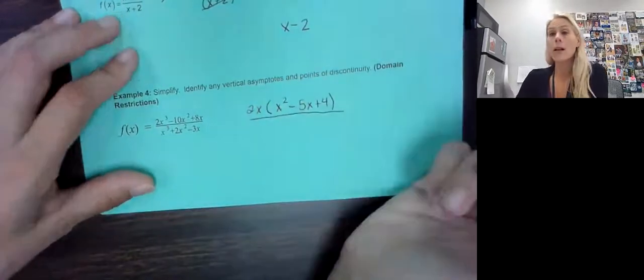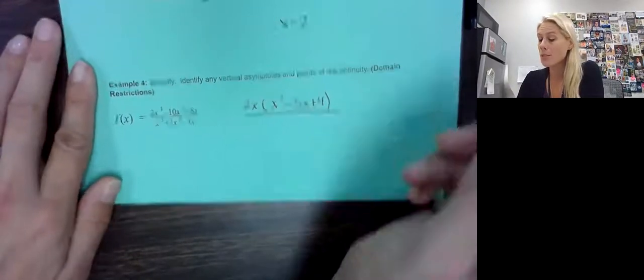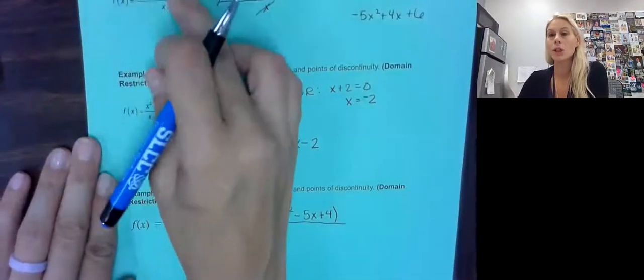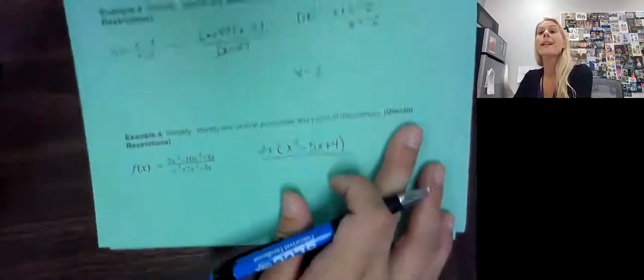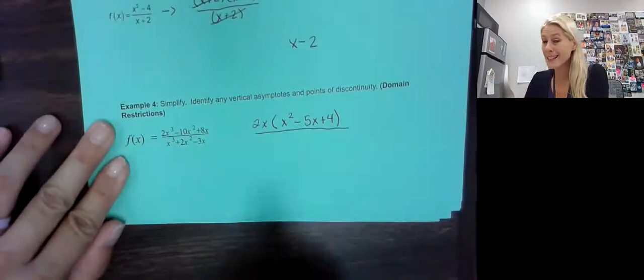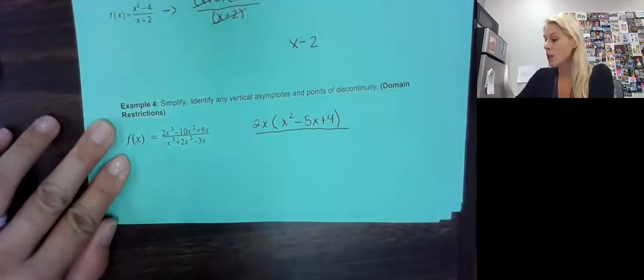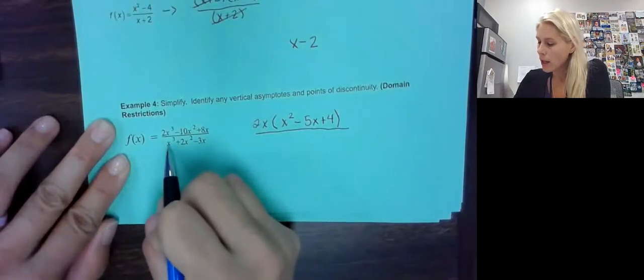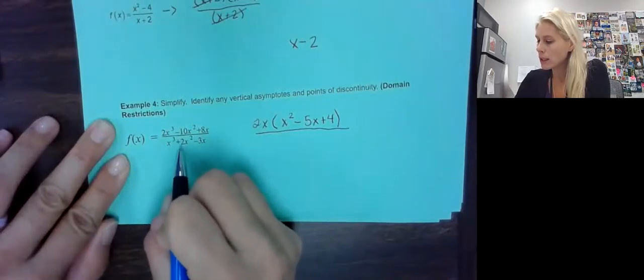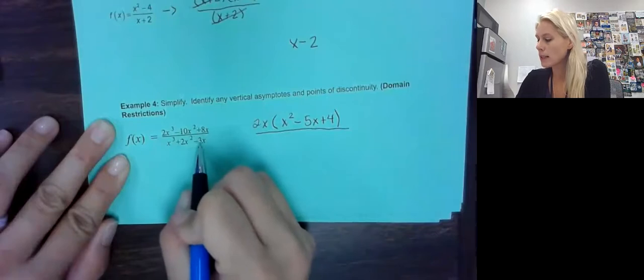Okay, this time I also have to look at the denominator because these two examples we didn't have to factor the denominator, but in this case we do. Again, look at that greatest common factor first. Okay, so x cubed plus 2x squared minus 3x.